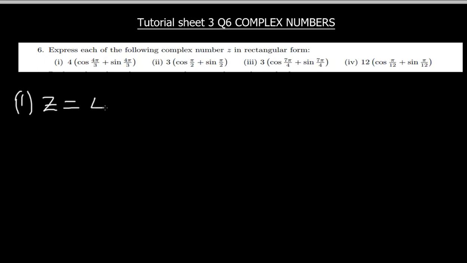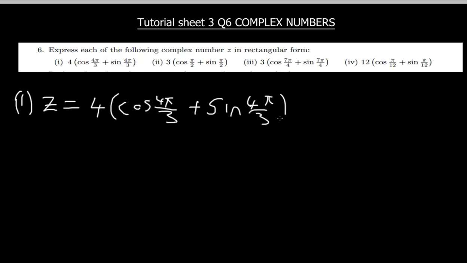So z equals 4, then open brackets, cos 4 pi over 3, then plus sine 4 pi over 3. So this is the complex number that we have.